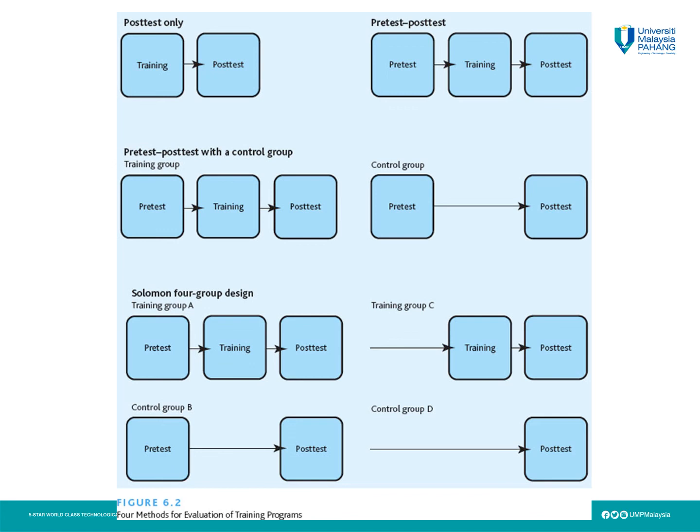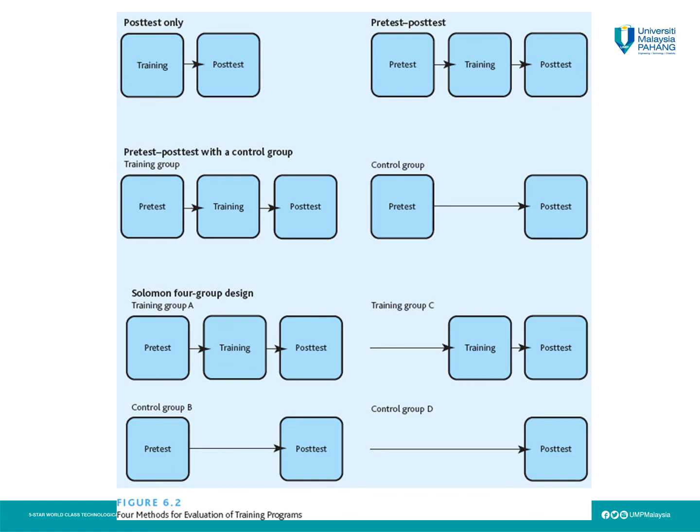For pre-test post-test with a control group, you have to have a control group, and both groups take the pre-test and post-test evaluation, so you can compare between the training group and the control group. Meanwhile, for the Solomon 4 group design, there are 4 groups.